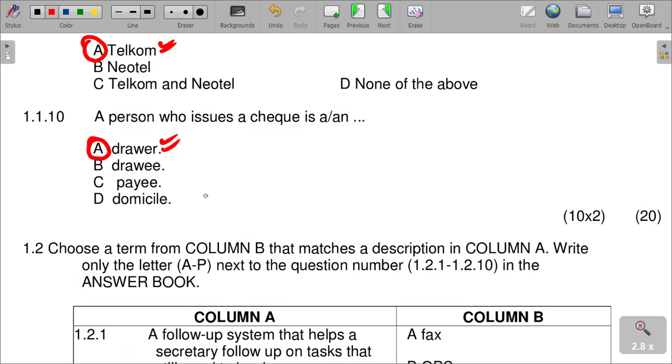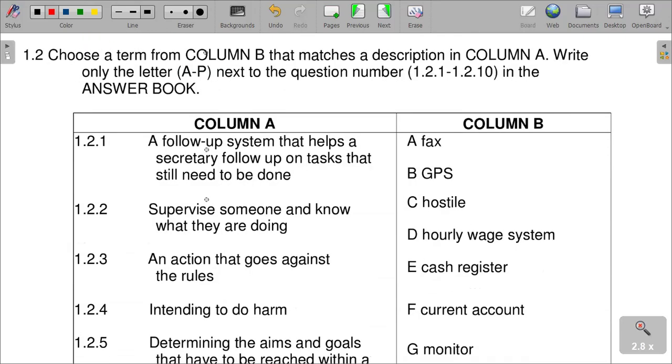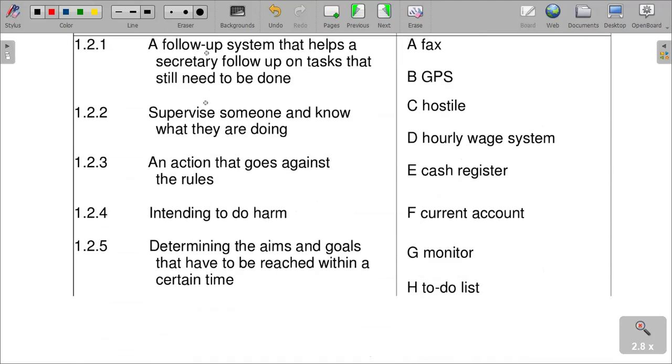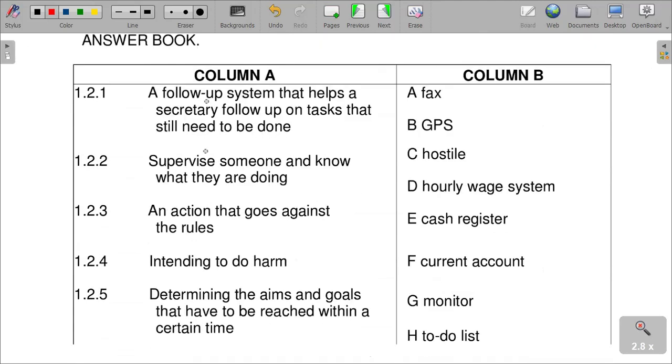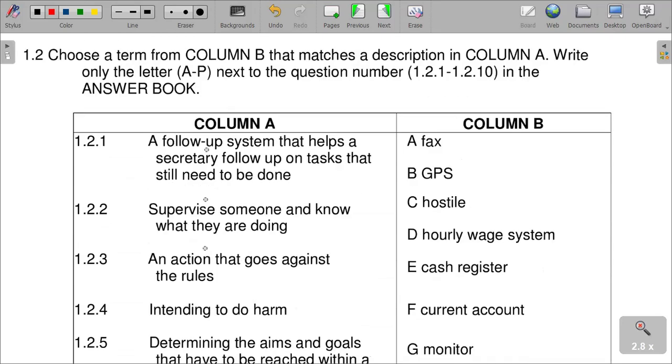Is a drawer. And then we are given columns to match, to say which answer applies to each of the following statements in terms of matching the statements in column A with words, definitions or terms in column B.